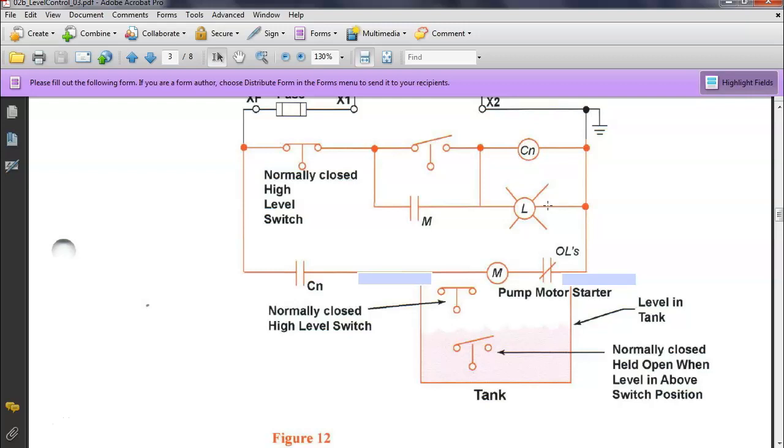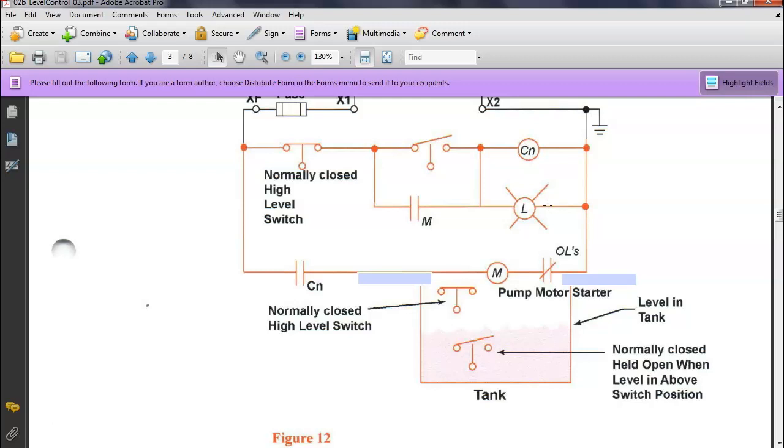So what happens when you do normally closed switches? That's normally closed held open. So right now the pump, would it be running or not running? No, it's being held open. That's this guy right here, right? So we're here, right? Okay.